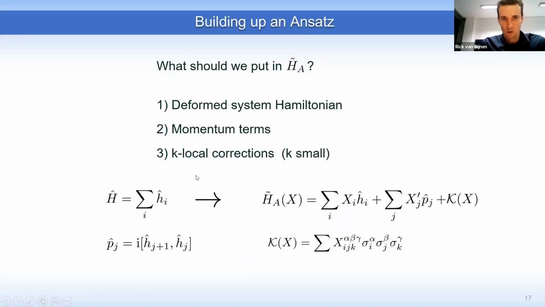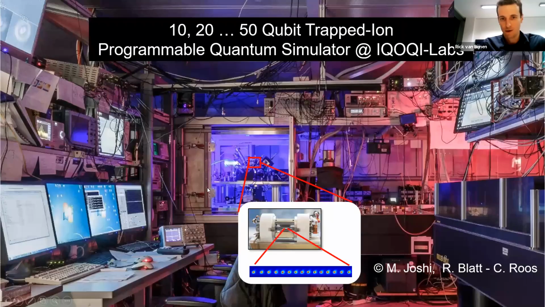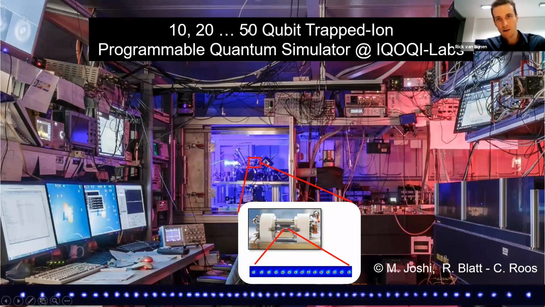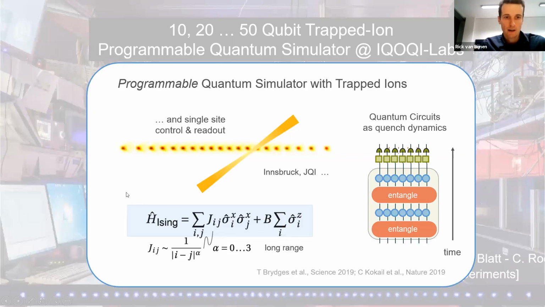I will go into details more, but let's first just try it. Let's go to the lab here. This is the lab here in Innsbruck. It's in the basement below me, where they have trapped ions, where they can make 10, 20, and nowadays even 50 ions in a row and trap them. And on these ions, they can realize Ising-like models. This is called a long-range Ising model.